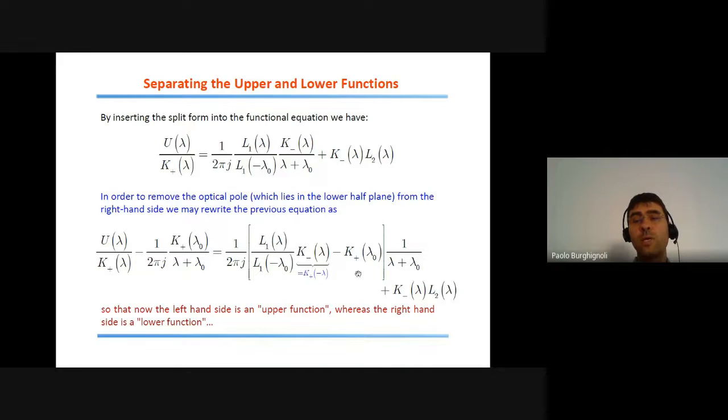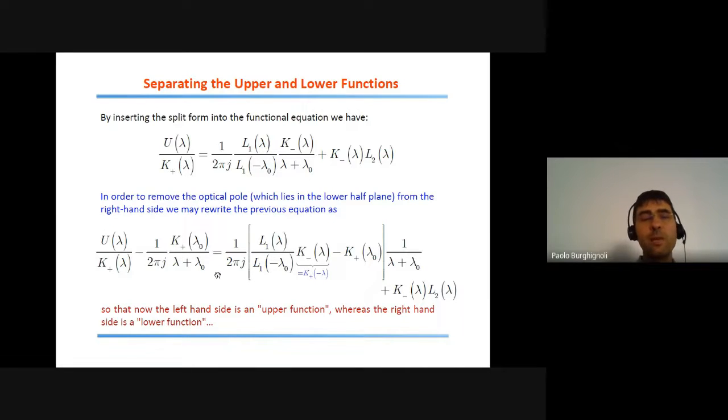So if you evaluate the residue of this term on the right-hand side, the residue is now 0. So the pole is actually not there anymore. So we have brought the pole on the left-hand side. And so finally, we have a left-hand side that is an entirely upper function with a right-hand side that is an entirely lower function. And we are now close to coming to the conclusion.